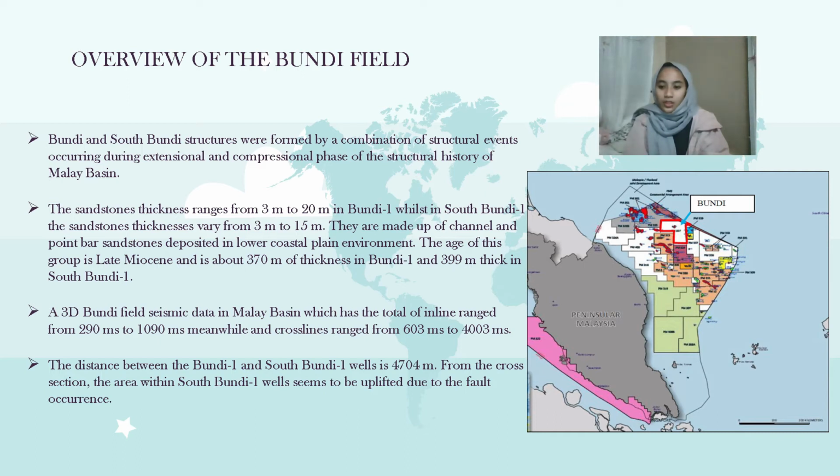The distance between these two wells is 4,704 meters. From the cross sections, we can see that South Bundi seems to be uplifted because there is a fault along the horizon.